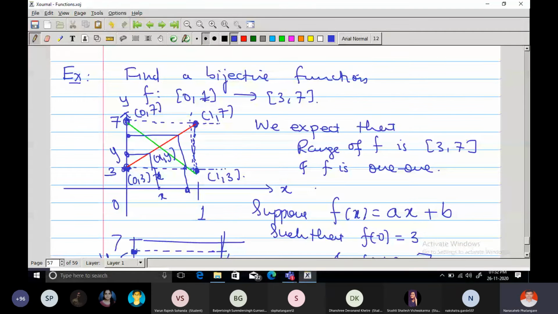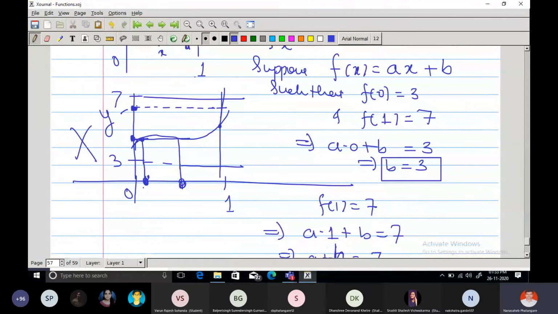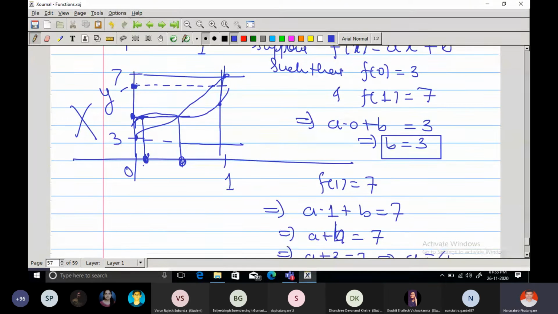Correct? Or you can also produce another function which is not a straight line, but that is difficult in some sense. You can produce a non-linear one also, but the straight line is the simplest way. Is it clear? Any doubt in this?